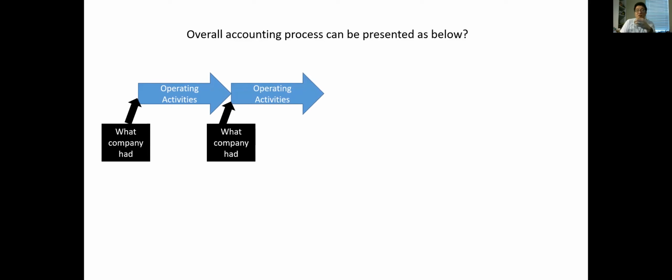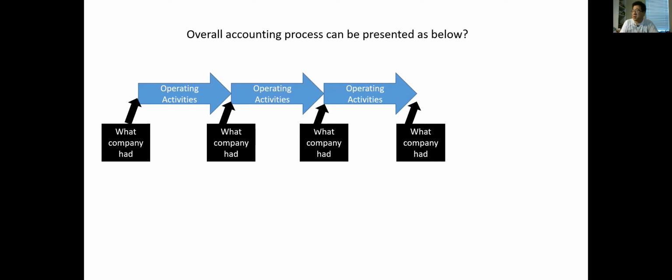Then it goes on for another period of operating, and we have another period end. Through their operation, companies will accumulate some stuff, consume stuff, make some money, lose some money, have expenses, have some income coming in. Those will change what a company had, what a company owed, and the equity of the company as well. So this goes on and on.